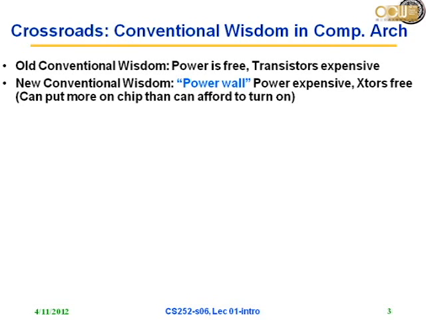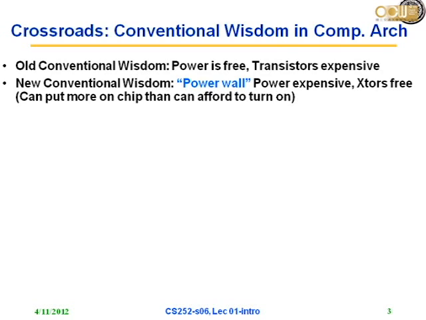But the new conventional wisdom says power is very expensive. How expensive? If you burn too much power, then you need to dissipate it. Do you know how to dissipate power? If you have a die, then you need to fix a big fin on it. Have you seen the heat sink, the aluminum thing?